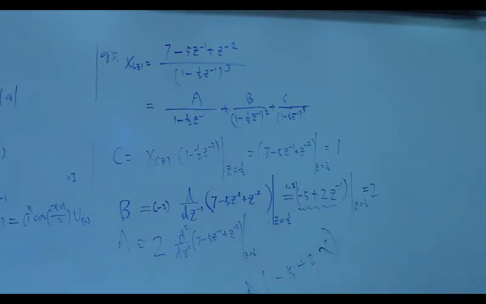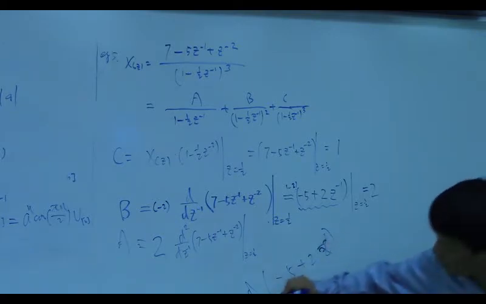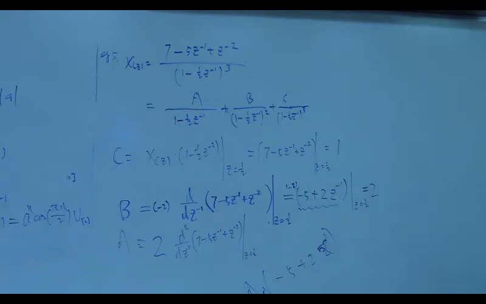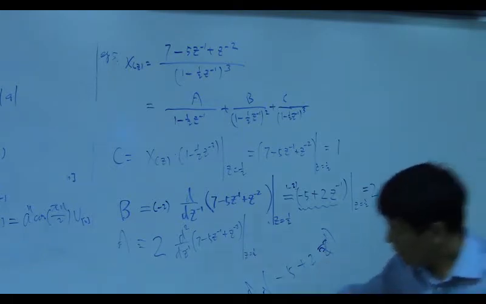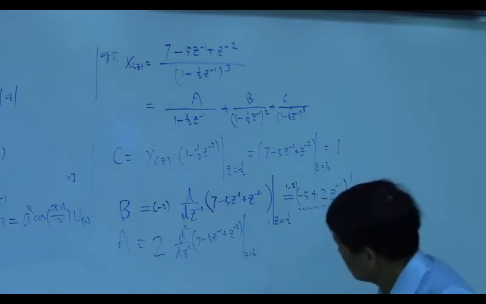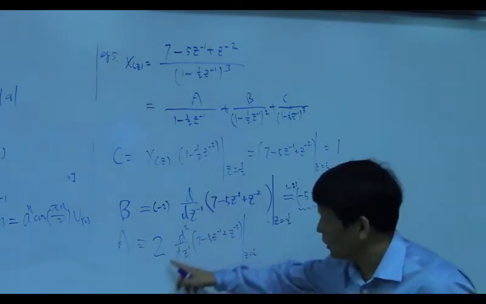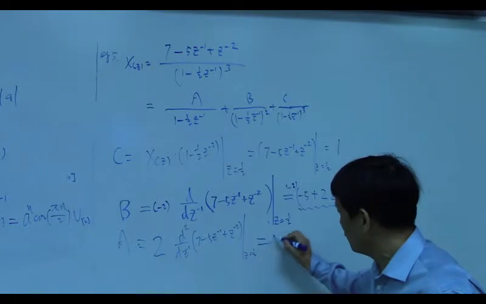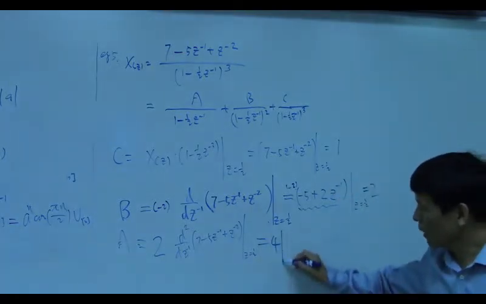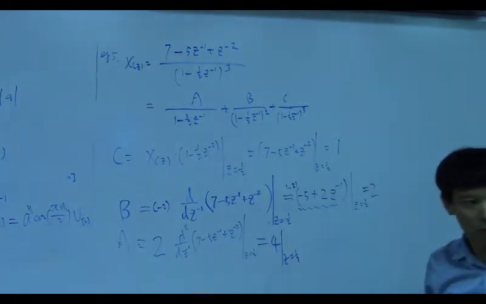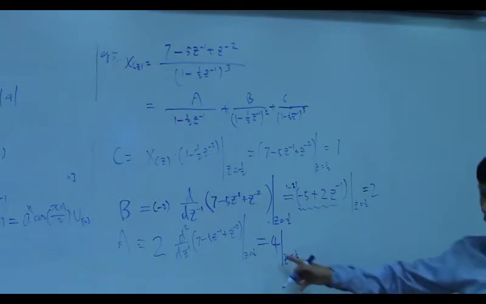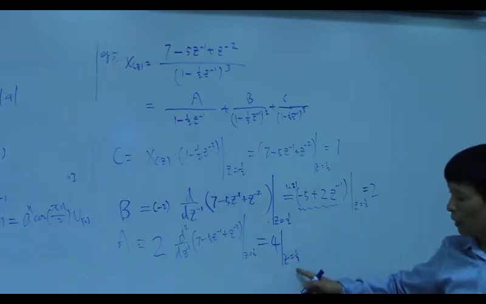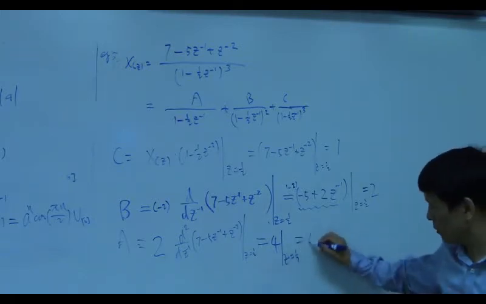Now you feel better. So that is 2. The same thing, this is negative 1, the only difference is the variable. So that one equals 2. So this part equals 2, then there's 2 here, so that equals 4. And we let z equals half. There's no z here, there's a constant. So no matter what your z is, this is always 4.